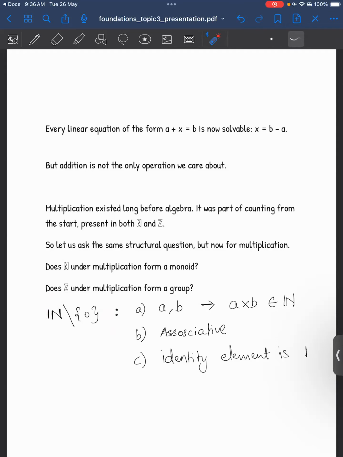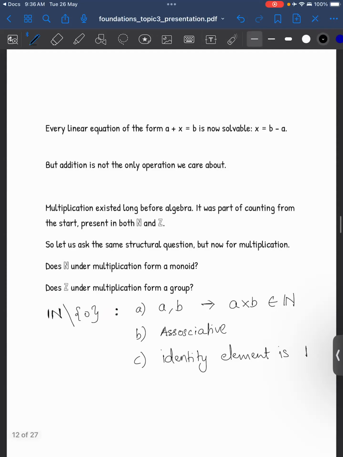So similarly, we can work out that Z under multiplication without the 0 element, so 0 specifically denotes the identity element of the addition operation. Remember this. So I'm removing the identity element under the addition operation to make it a monoid.